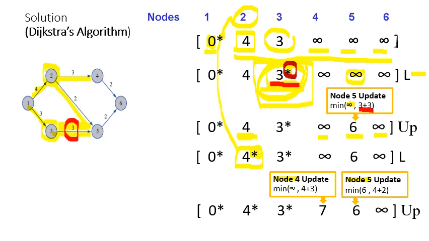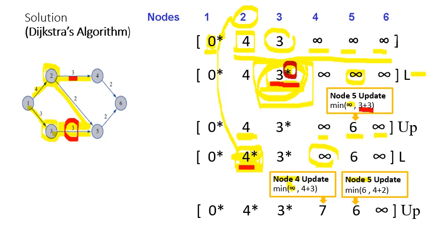Let's do node 4 first. So node 4 previously has the label of infinity. Now, after labeling node 2, you need to compare which is smaller between infinity or this value 4 plus the distance from node 2 to node 4. Sorry, actually the distance from 2 to 4 is 3.